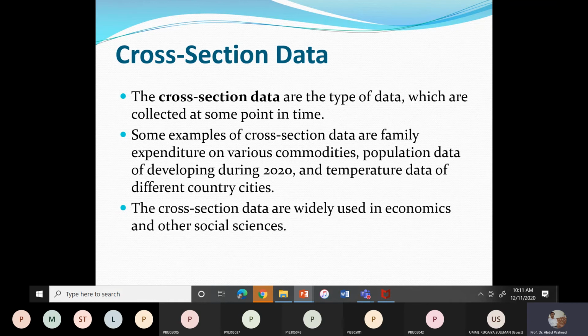If I get the GDP of different countries for 2020, it would be cross-section data. If I get the population of different countries for 2015, it would also be cross-section data. This type of data is widely used in economics and other social science research studies.